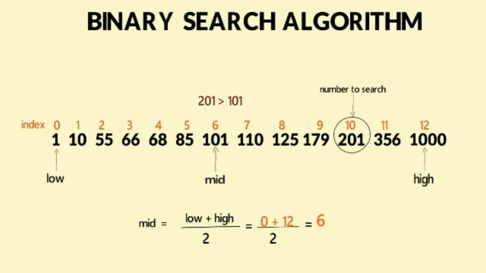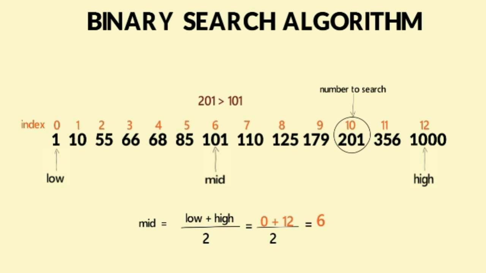Since the number we are searching, 201, is greater than 101, it will not be found in the locations prior to or equal to mid. So keeping that in mind, we can effectively ignore the list till the midpoint.